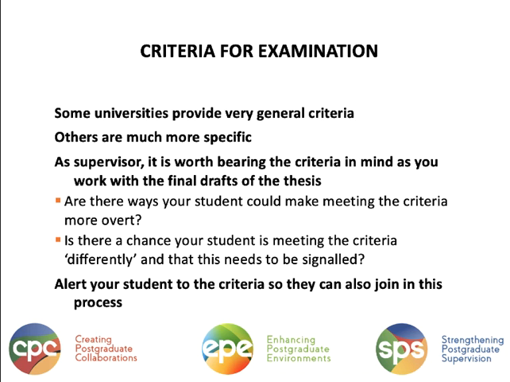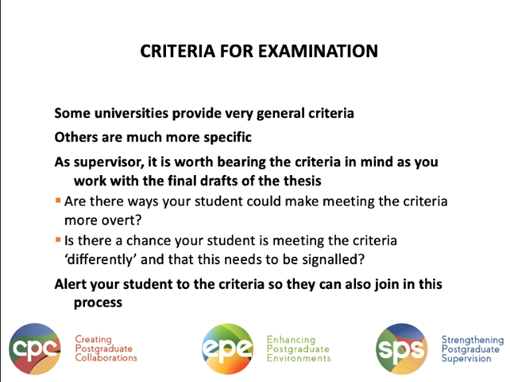Some universities provide very general criteria for the examination of a postgraduate thesis. In others, those criteria are much more specific. As a supervisor, it's really worth bearing the criteria in mind as you work with the final drafts of the thesis.